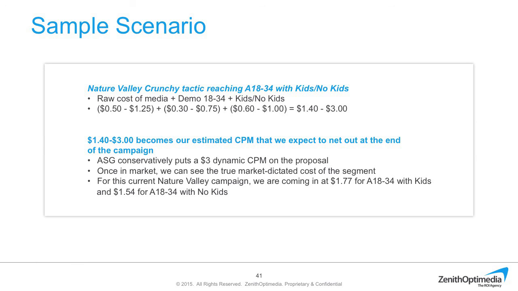Luckily for this very specific campaign, we were on the lower range, but I would say that that doesn't always happen. So we do have to keep in mind that it is a dynamic CPM based on the market value. So we do want to put a little bit higher of a CPM so the client knows how high we could potentially have to spend to reach that target.